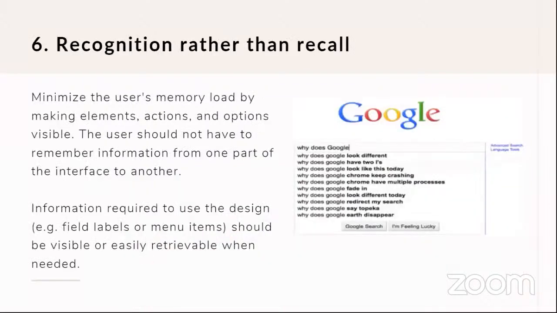So we'll move on. Recognition rather than recall. This one is very, very important. It's saying minimize the user's memory load by making elements, actions, and options visible. Users should not have to remember information from one part of the interface to another. In a day, somebody uses 15 to 20 apps. The last thing you want your user to do, when they finally land on your own app or website, is start thinking, oh, how does this work?